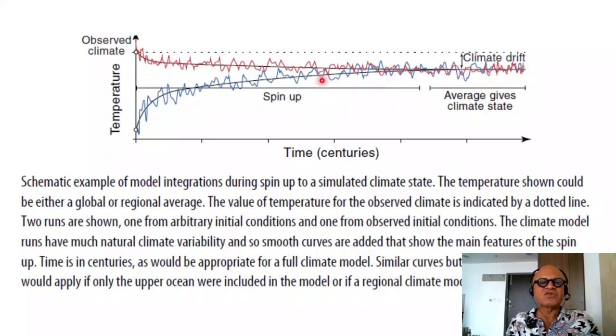So often, as we saw before, there are the so-called spin-ups, where the models, ocean, atmosphere, land model, are integrated with, let's say, the pre-industrial level of CO2 for many decades, sometimes centuries, depending on the computation time you have available.